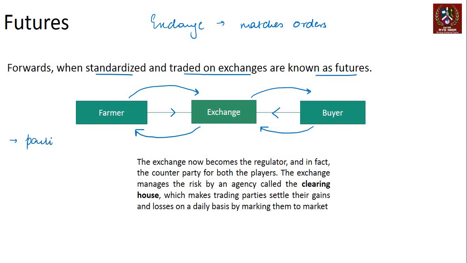Now the good part is the parties in the contract may not know each other. They only know that they are dealing with the exchange. There might be some party behind the exchange, but practically the exchange is supposed to make good if they lose the bet, right?